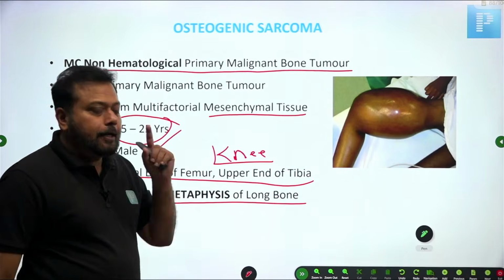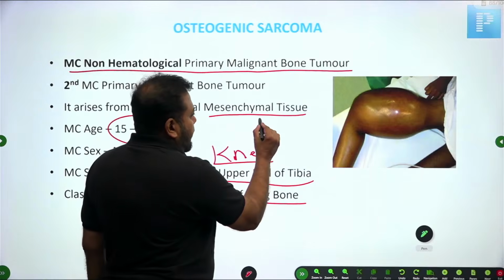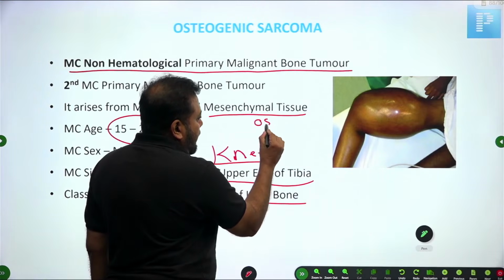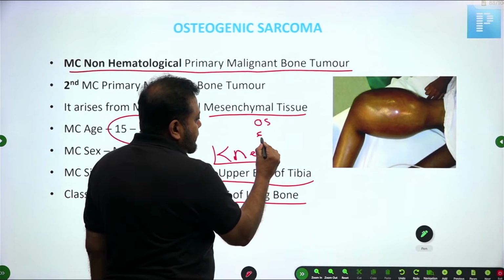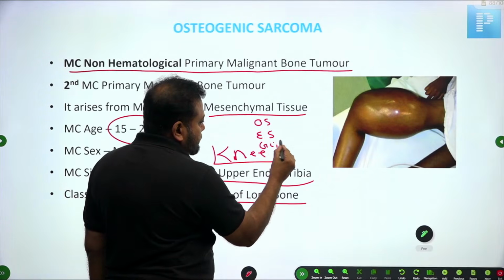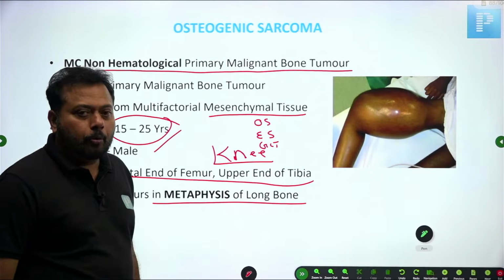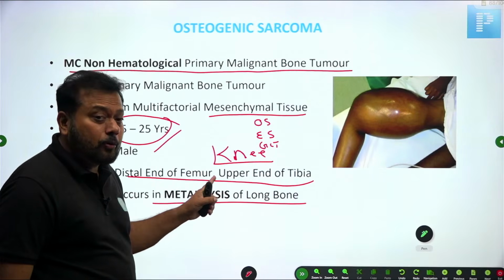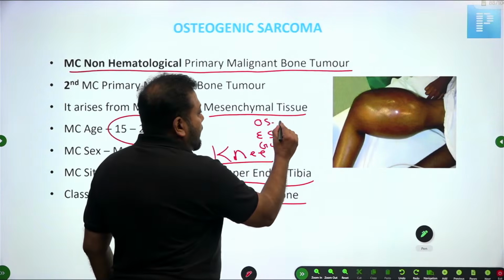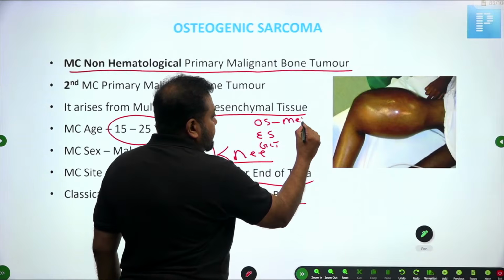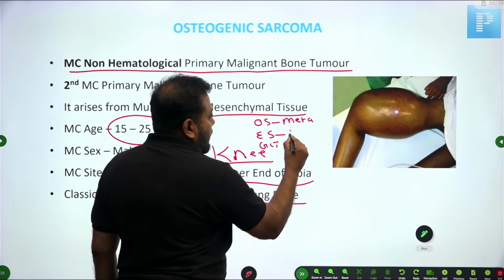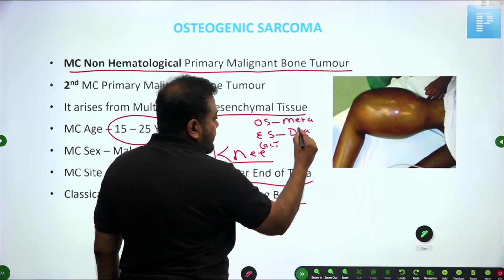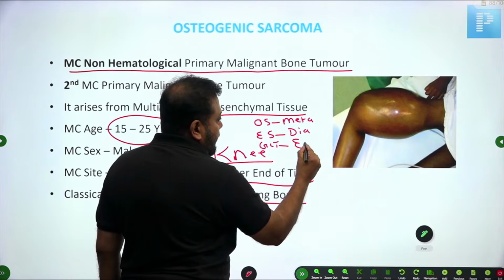The three malignant bone tumors are osteogenic sarcoma, Ewing's sarcoma, and giant cell tumor. From where do they originate? Osteogenic sarcoma, metaphysis; Ewing sarcoma, diaphysis; giant cell tumor, epiphysis.